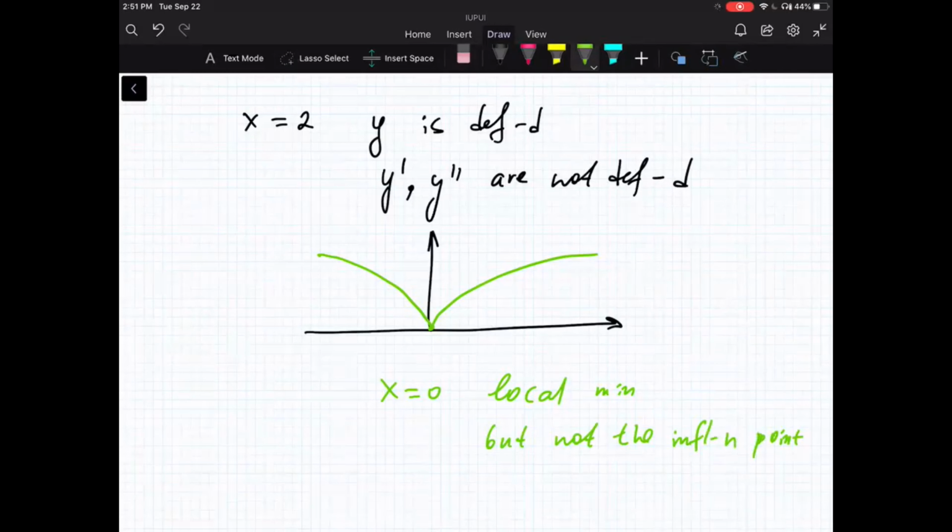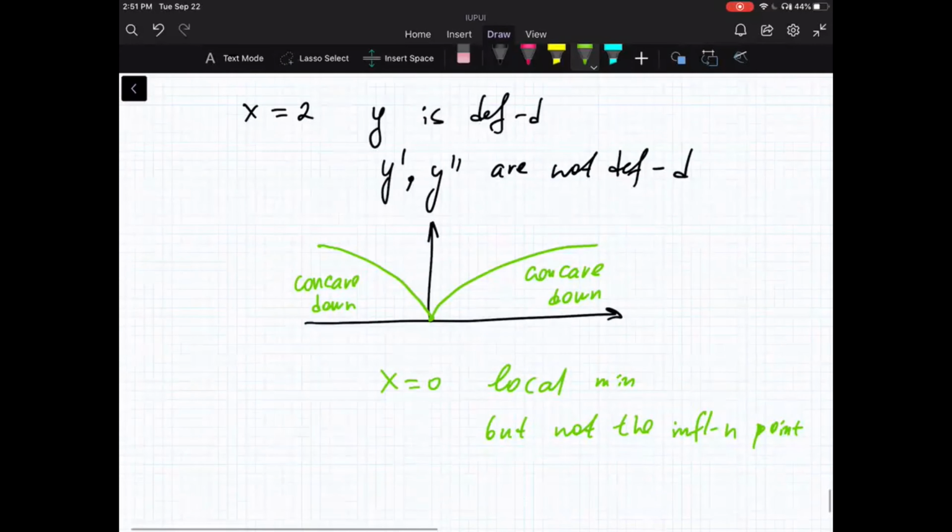Because here is concave up. Sorry, what is it? It is concave down. Sorry, yes, concave down, and here is still concave down. So x equals 0 is not an inflection point, but it's a local minimum.